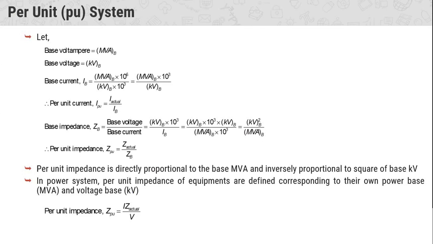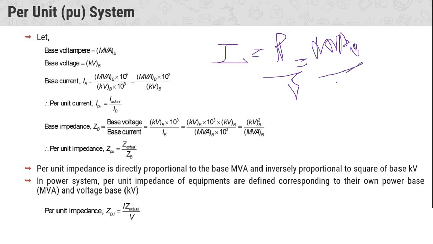Now this statement can be understood. Suppose we have base MVA, which means power, and base voltage in kV. Now current I is equal to power upon voltage, and the power is in the form of MVA. So MVA base upon kV base gives us the current base.